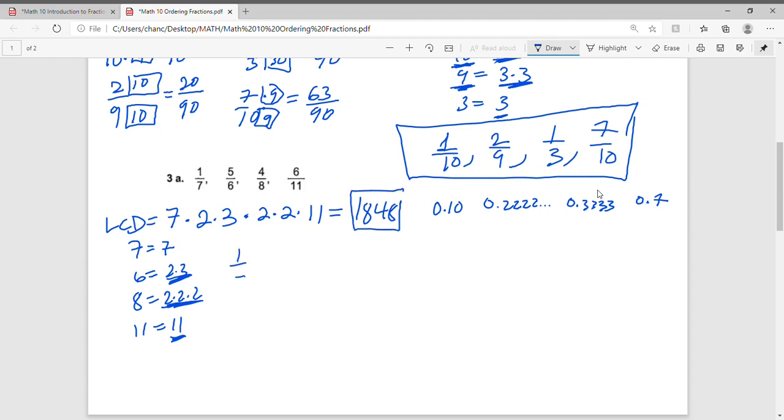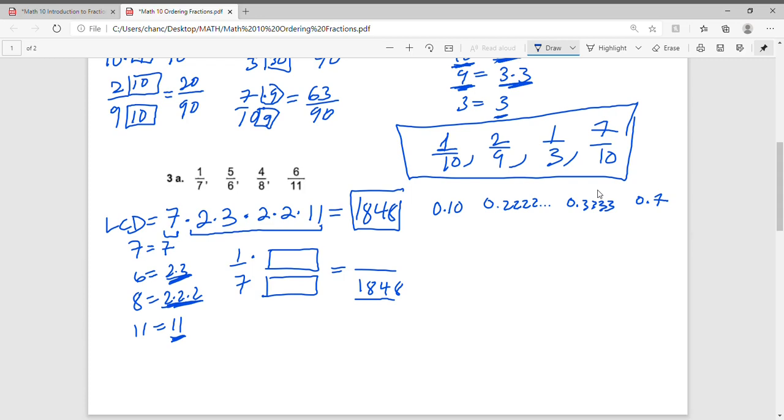Now let's convert 1/7 to an equivalent fraction. What do we need to multiply the top and bottom by so that the denominator is 1,848? What do I need to multiply by 7 to get 1,848? Well, I need this part. I know 7 times this number equals 1,848.